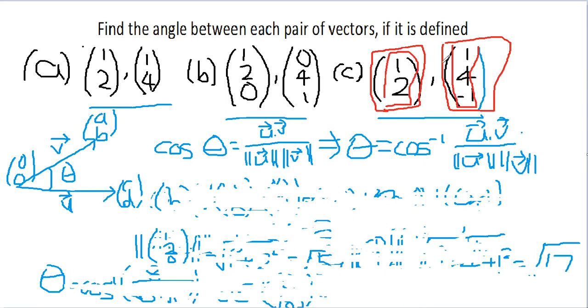Since finding the angle between each pair of vectors involves using a dot product, we cannot apply the angle between each pair of vectors in this situation. Hence, it is not defined and we are not able to get the angle.